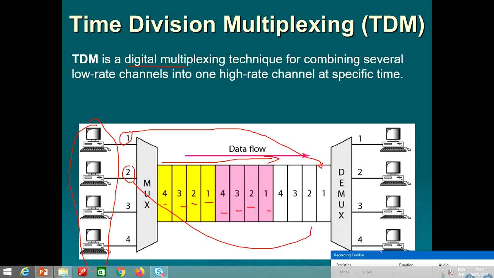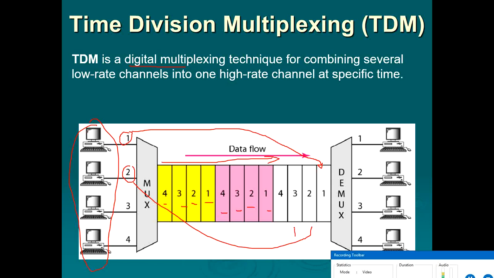Now at demultiplexing, when this is received, suppose for example this is frame 1. When this frame is received, this will be the first frame, combined as one. This will be a second frame, or we can say group, and this will be the third group. When the first group is received, the demultiplexer will separate it out.